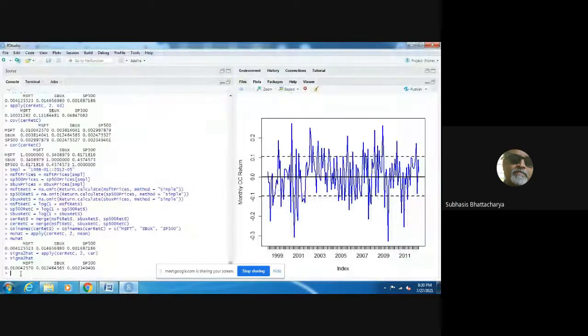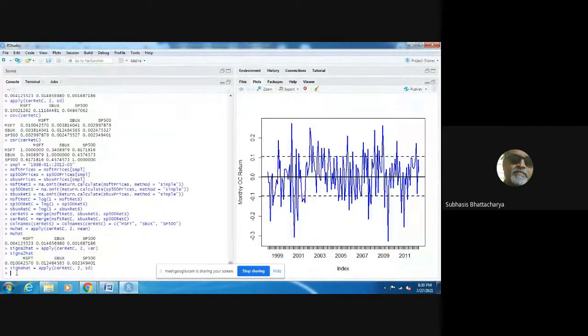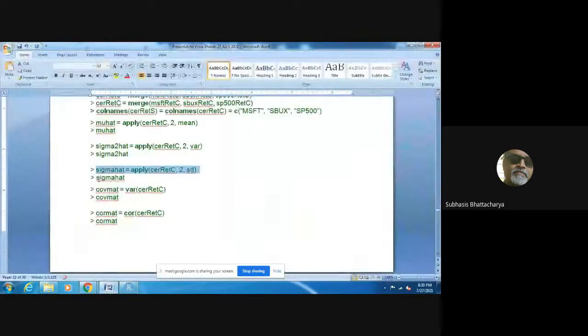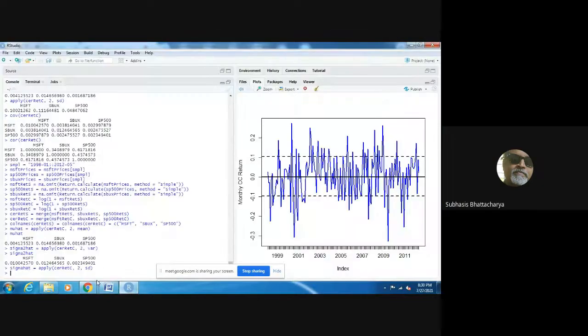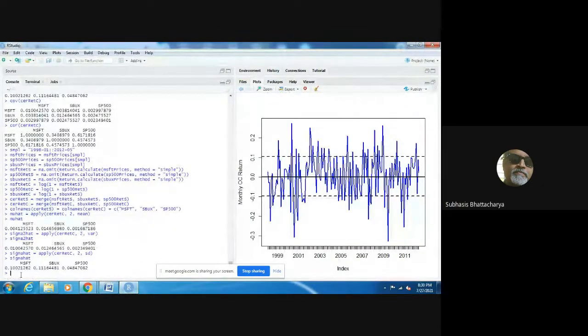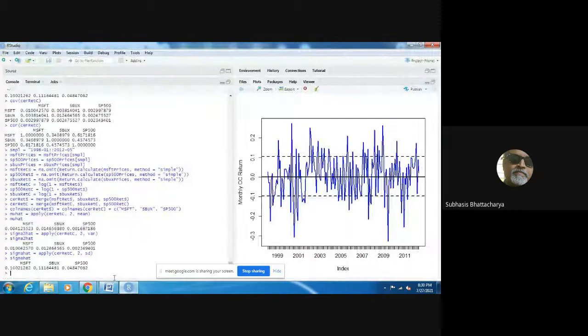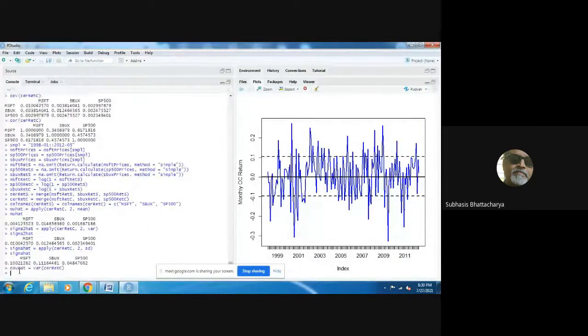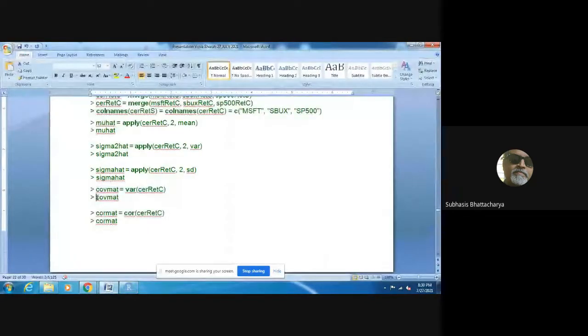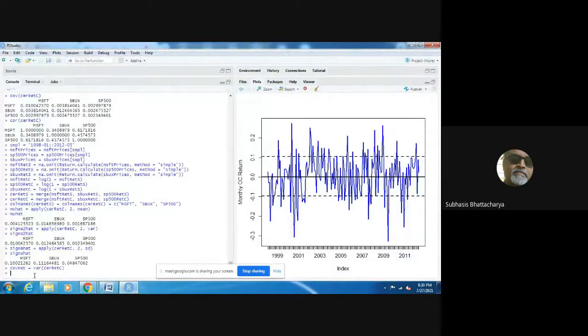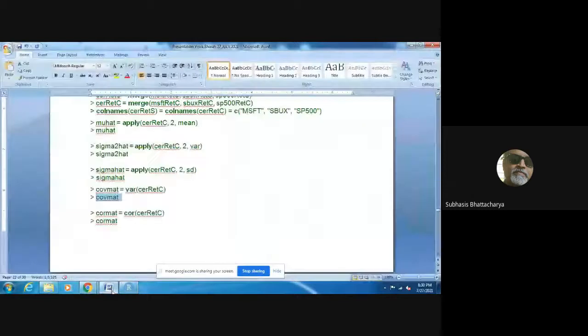Then the standard deviation. Then the covariance matrix. Then the correlation matrix.